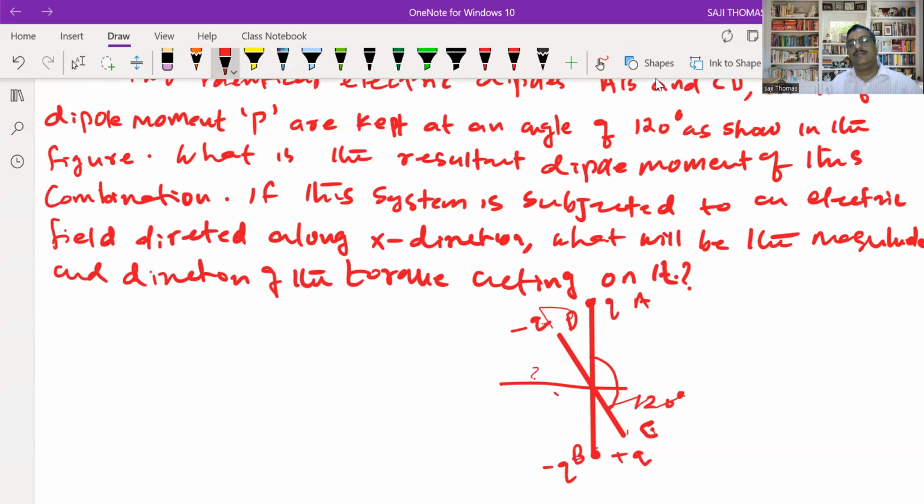And the x direction is given. So you have to find out the dipole moment. You know, dipole moment is a vector quantity. So two dipole moments are given and angle between them is given. So you know how to add two vectors. So first dipole I am drawing here. First dipole is this one. This was CD. Another dipole AB.